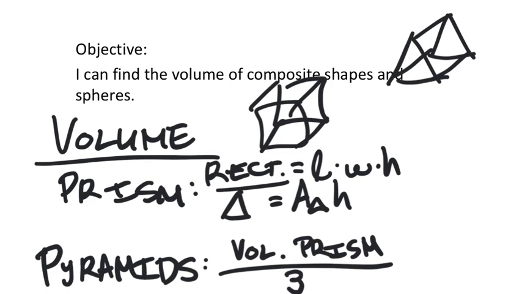If you looked at the base of the pyramid and pretended it was a prism with a specific height, you'd find that volume, but you'd divide it by 3. That's the volume of pyramids. So there's not a general formula here other than something like this. Of course, we can make it more abstract by using variables, but hopefully this is a little bit more precise when we're getting used to this stuff.